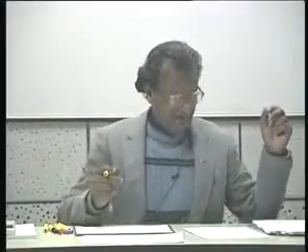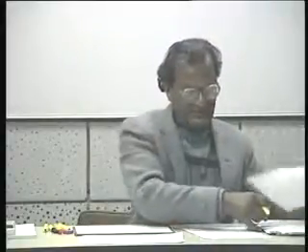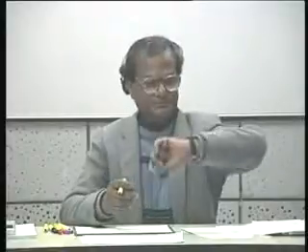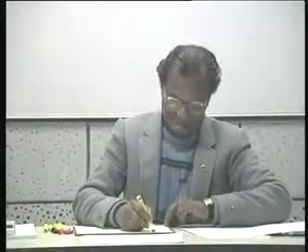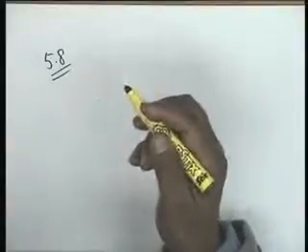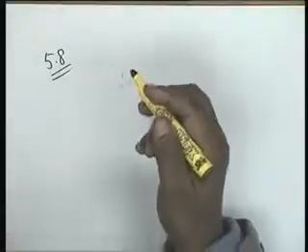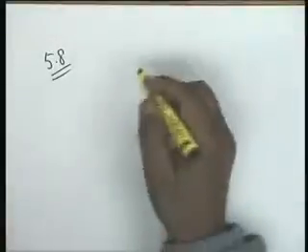The next problem that we solve, unless there is a question here, the next problem would be 5.8. I have skipped 5.7. Okay, 5.8. That is a very interesting problem.